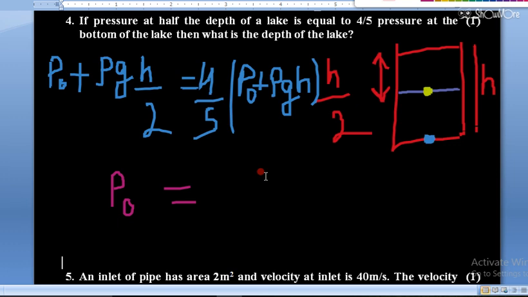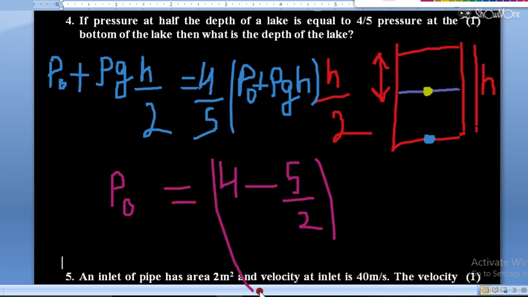Wait for 1 minute. 4 by 5, okay, 4 minus 5 by 2, I think. 4 minus 5 by 2 rho g H. Yes, this is the right equation.